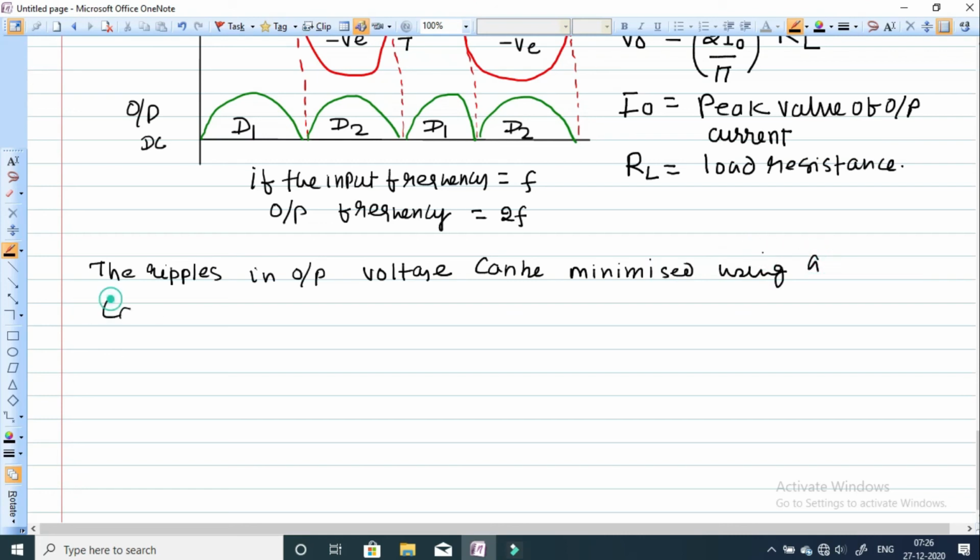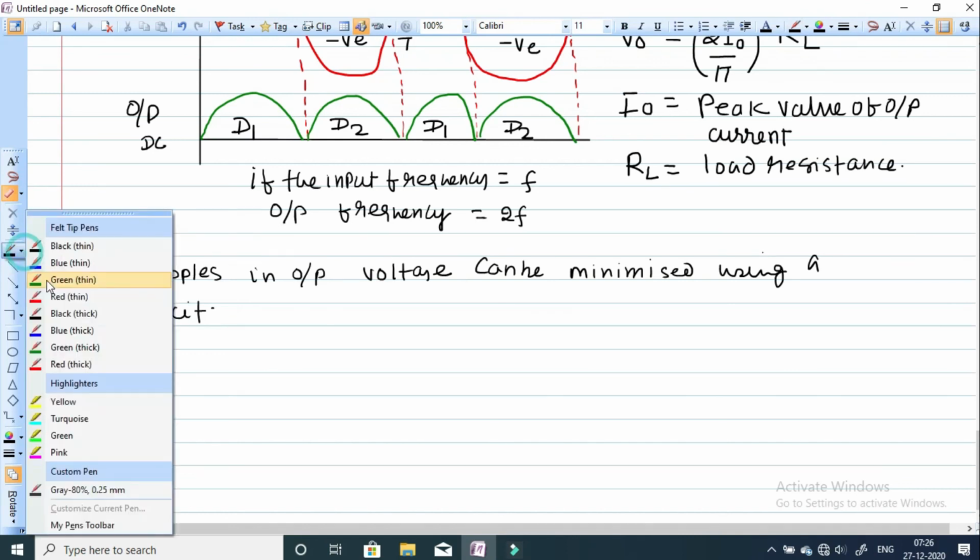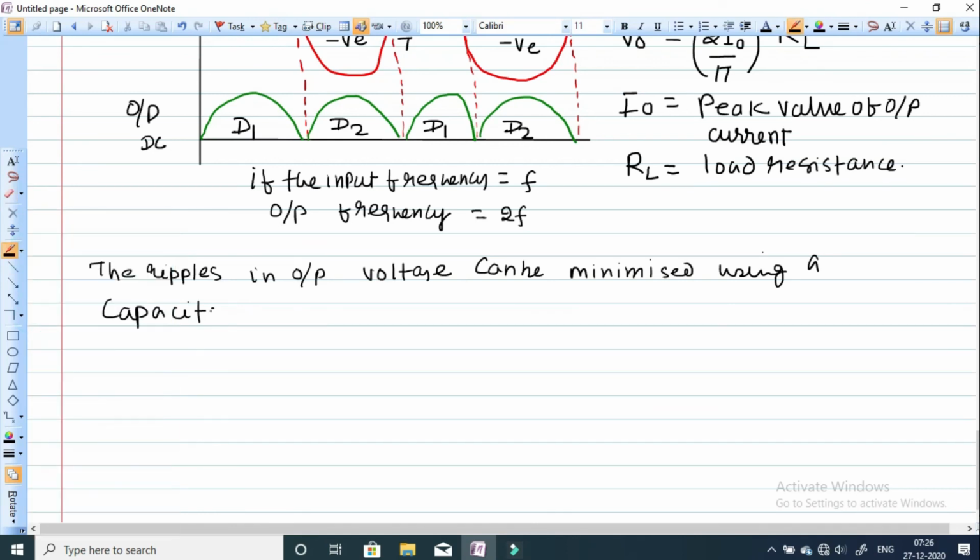We can use a capacitive filter to remove the ripples in the output waveform. So this is the way we can do it.